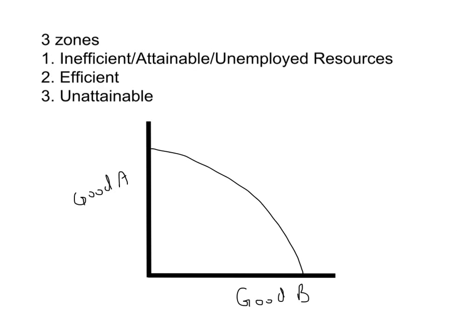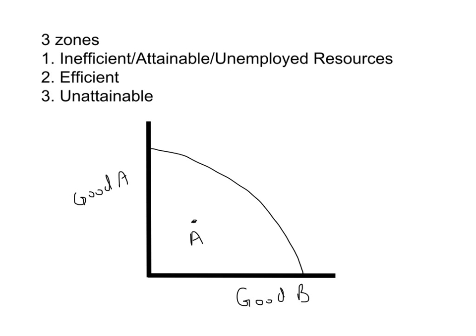There are also 3 zones in a production possibility curve. Zone 1 is inefficient, attainable, it means unemployed resources, and that refers to any dot that's below the line. So if I label that as point A, it would be considered inefficient, attainable, and there are some unemployed resources.